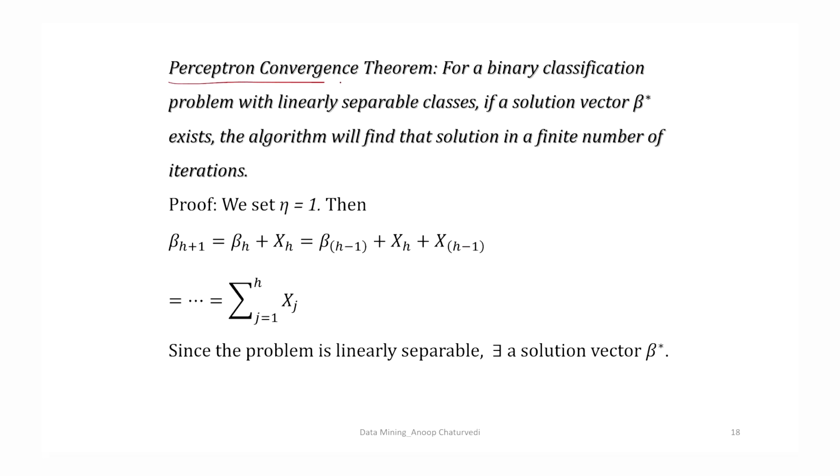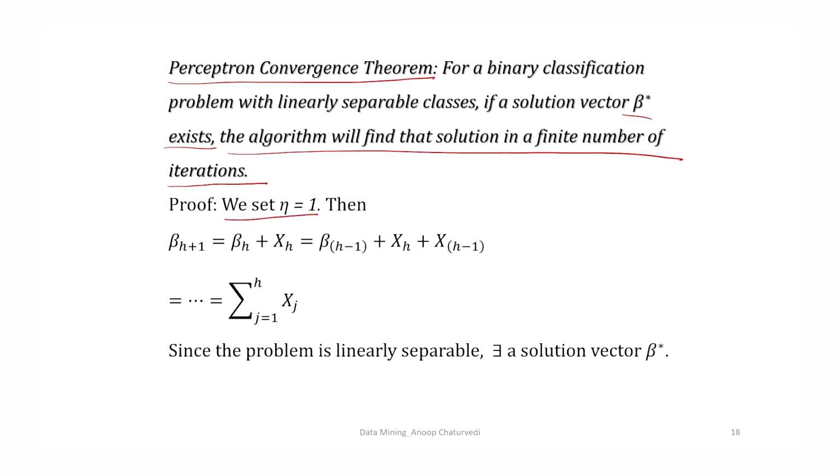Perceptron convergence theorem. For a binary classification problem with linearly separable classes, if a solution vector beta star exists, the algorithm will find that solution in a finite number of iterations. To prove this result, we just set eta equal to 1.